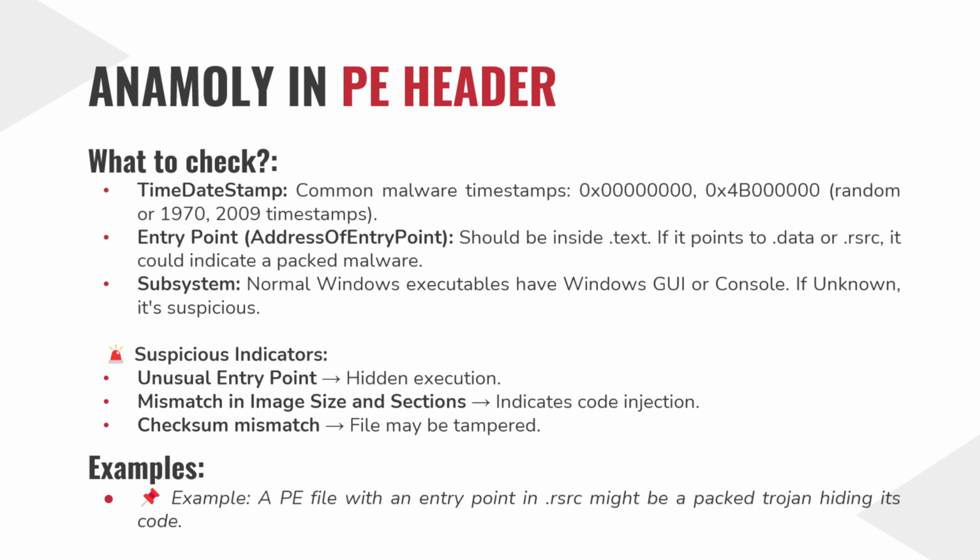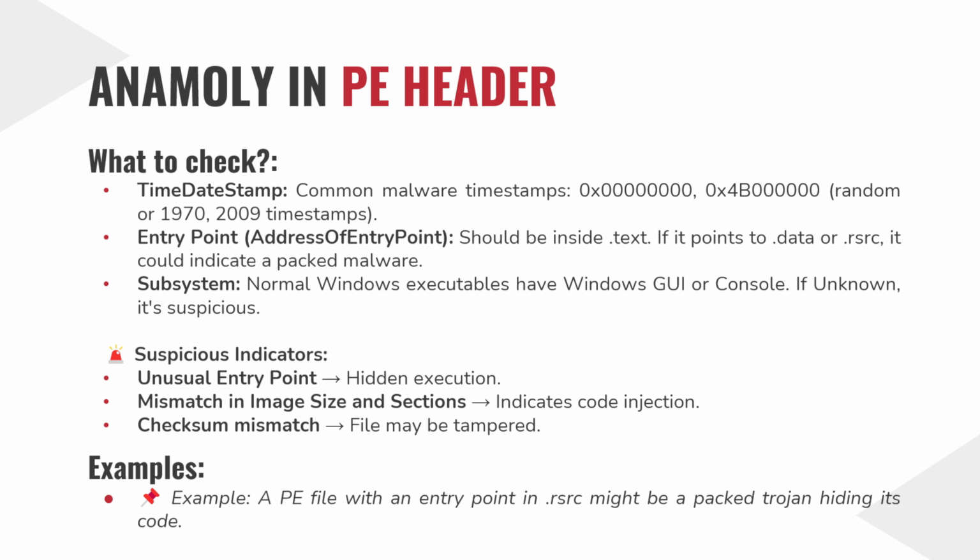Second, the entry point. The entry point of the malware should be inside the text section. We will discuss various sections in the sections part. If it points to any other section, like the data or resource section, it could indicate that the malware is packed.